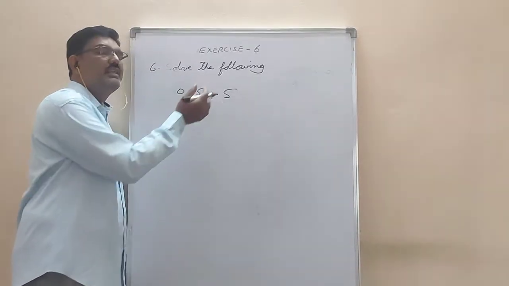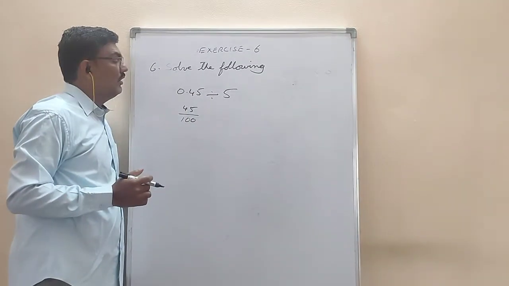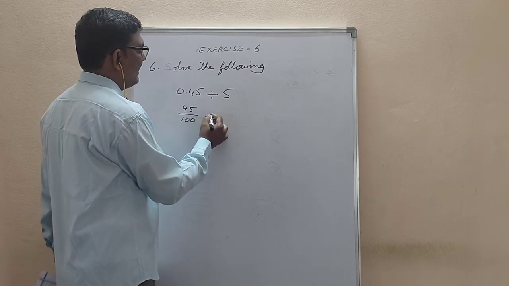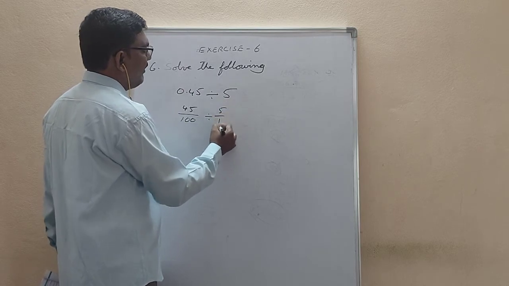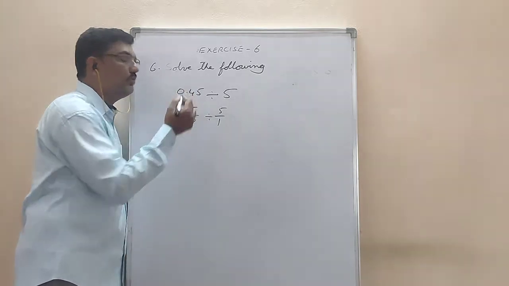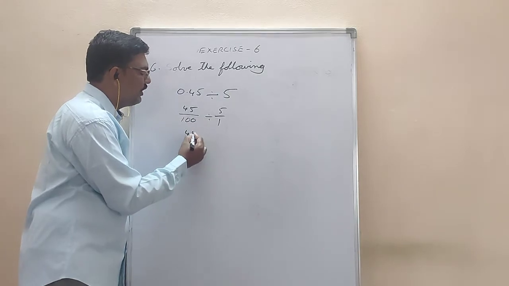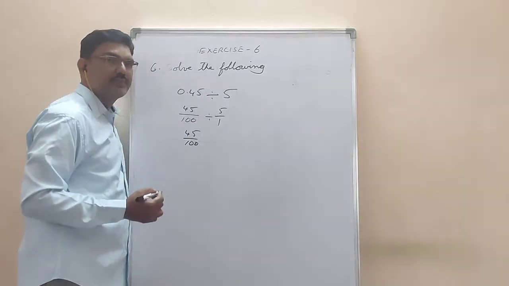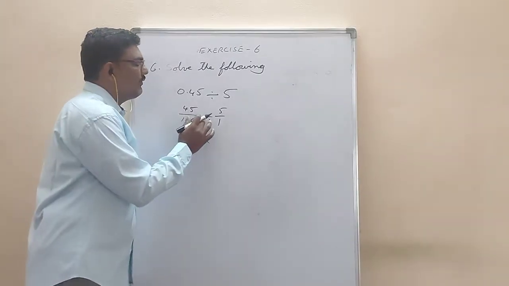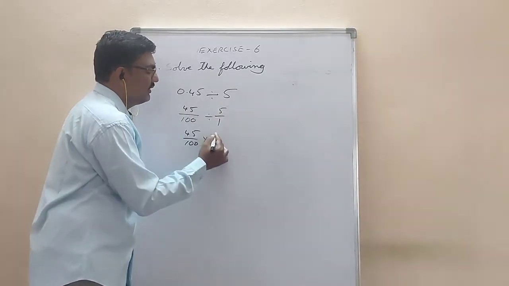If after the point you see 3 digits, you write that number as it is and keep 3 zeros. Next, divided by 5, which I write as 5 by 1. First step, the decimal number is converted into a rational number. Then the first rational number, write as it is. The divided by symbol changes to into, and this fraction should be reversed: 1 by 5.